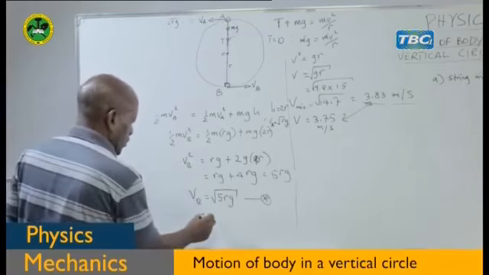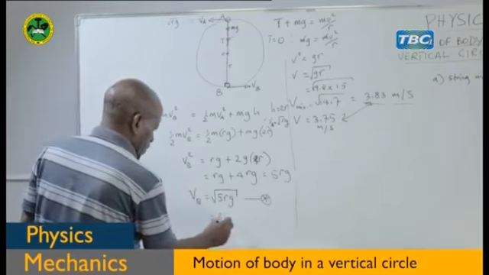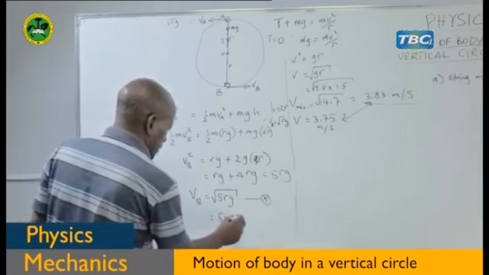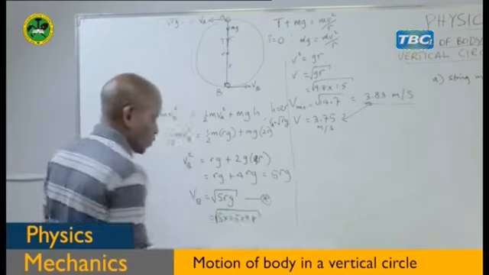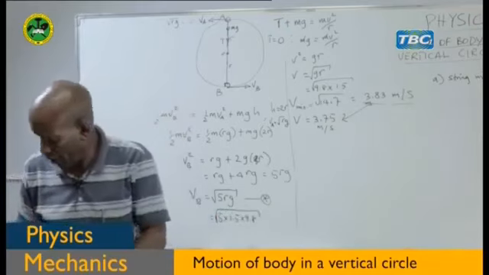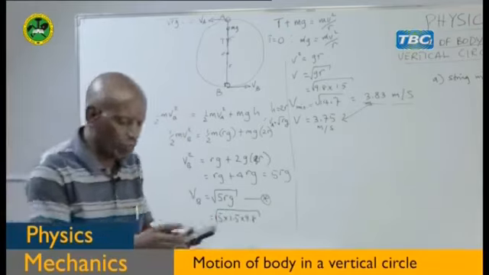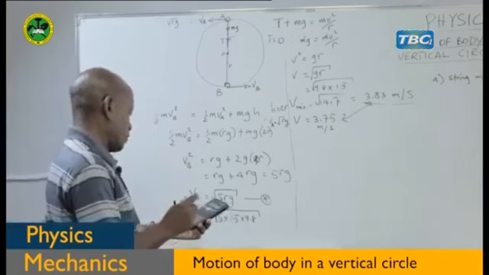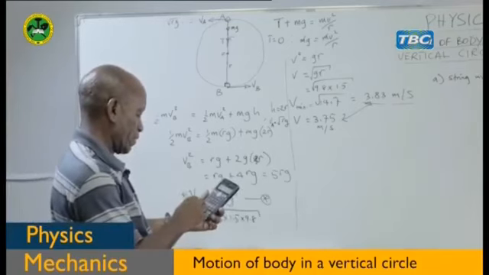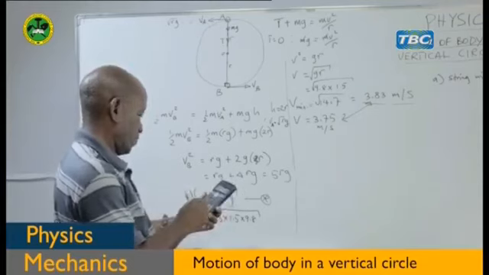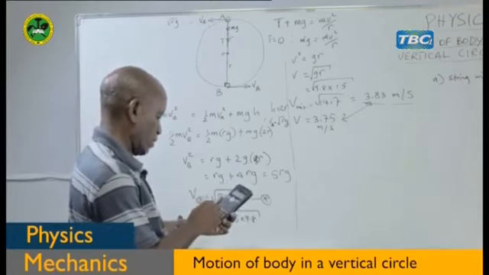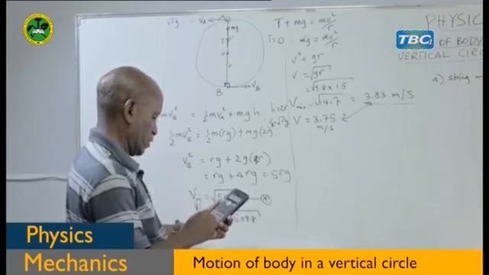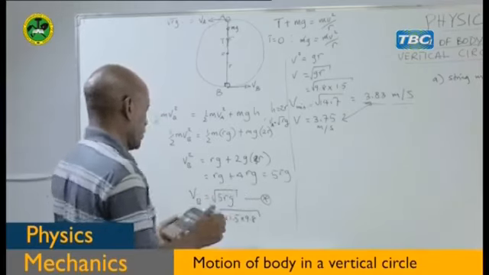So that is 5 times 1.5 meters times 9.8, and we look for the square root of that expression. Using your calculator, 5 times 1.5, the length of the string, times g, that is 9.8, which is 73.5.